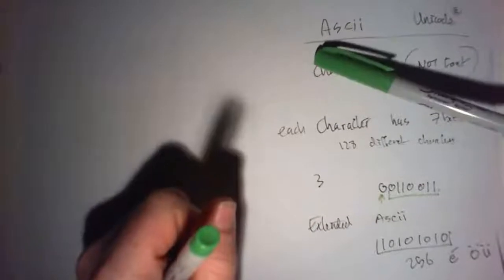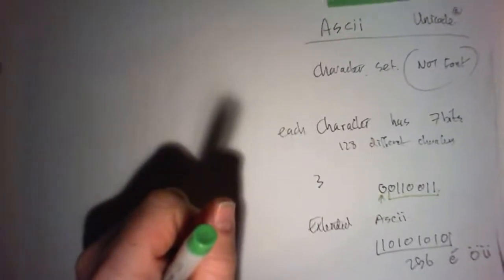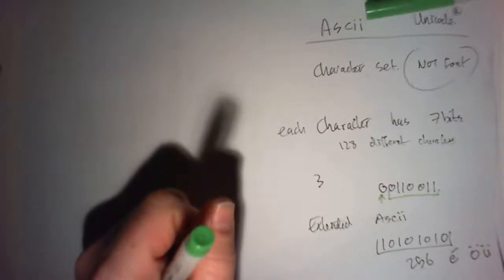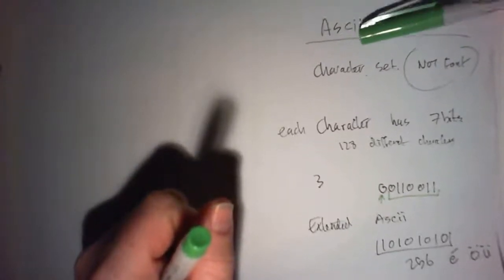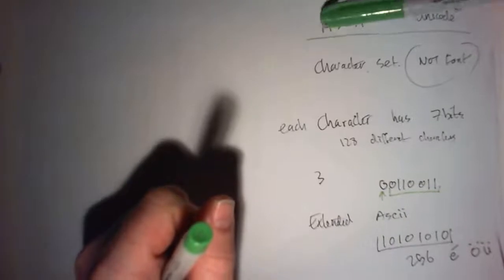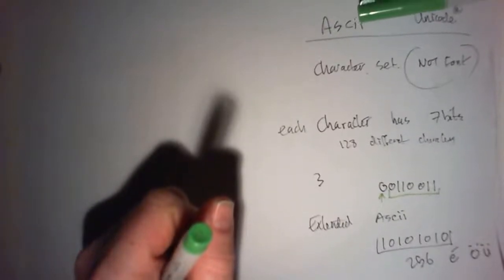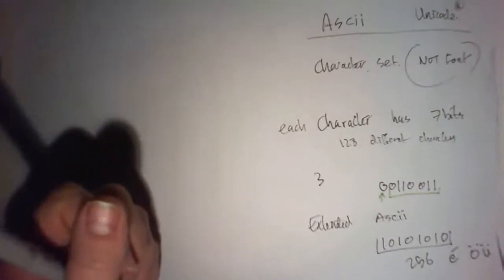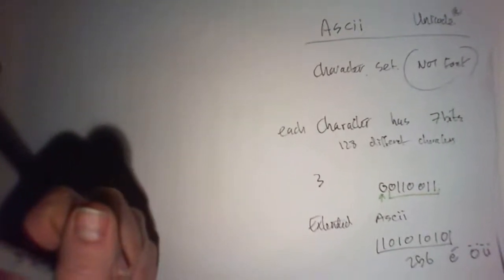So I'll say it again: the American Standard Code for Information Exchange. I don't think you'll ever be asked what that stands for, but it makes sense when you actually read it.